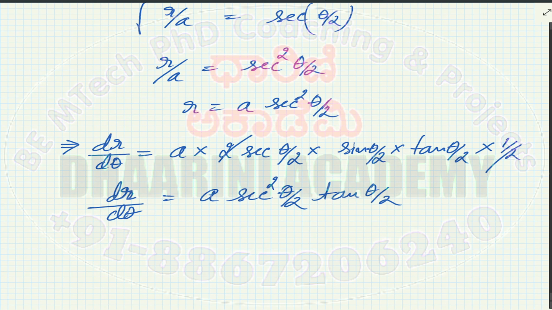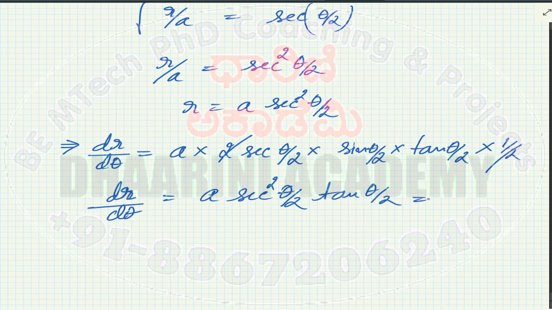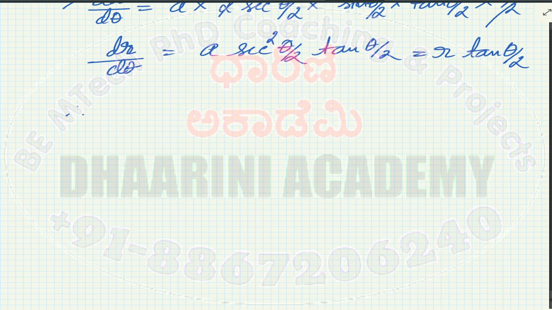But I know what a secant square theta by 2 is. I can simply replace it as r. So I'm going to rewrite this in the following format. This is equal to a secant square, which is r, into tan of theta by 2. So you see that dr by d theta is this. Now therefore write the equation for ds by d theta.